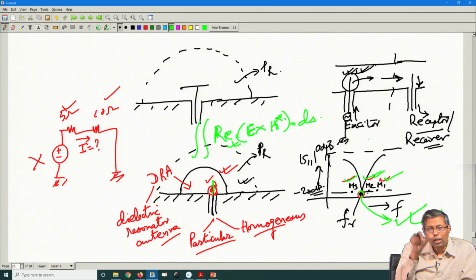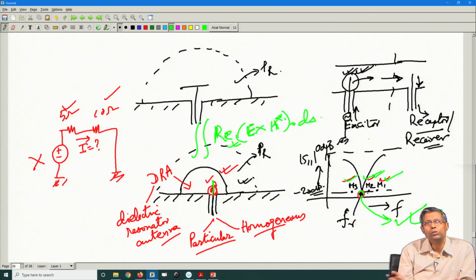I can have a quantitative estimate, nothing qualitative, a quantitative estimate of the power radiated at different modes, and it will give me a rigorous perspective, because there is no approximation in the Green's function. It is a rigorous, full wave technique. I mean, there are a couple of steps in it, and any method will have a number of assumptions in that sense, but otherwise it is a very full wave and rigorous technique.